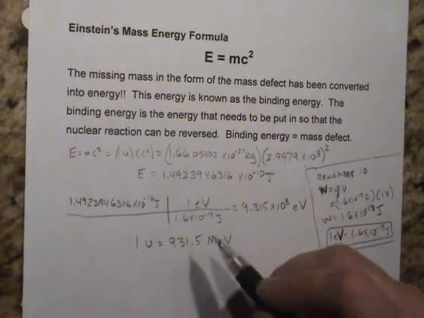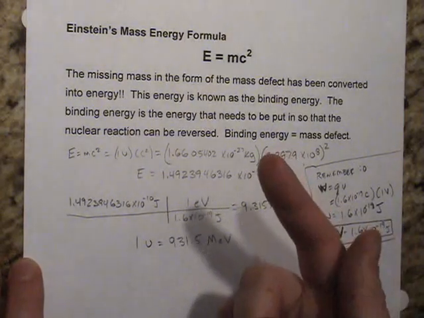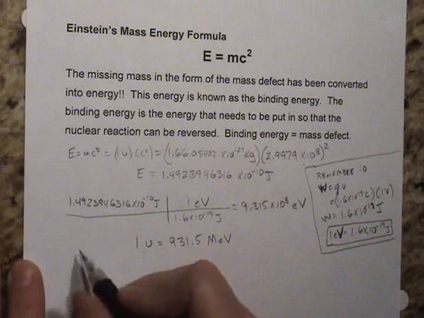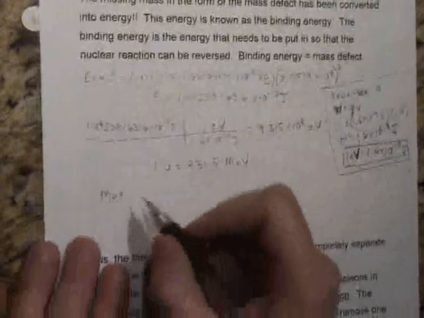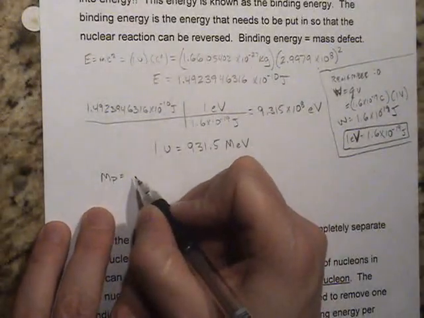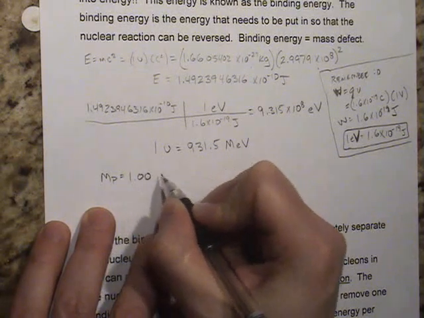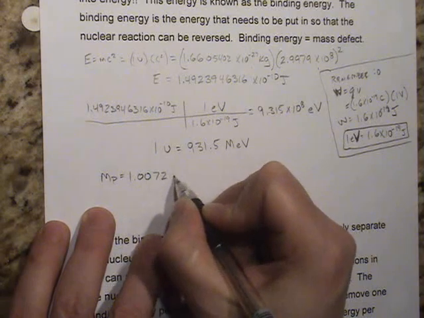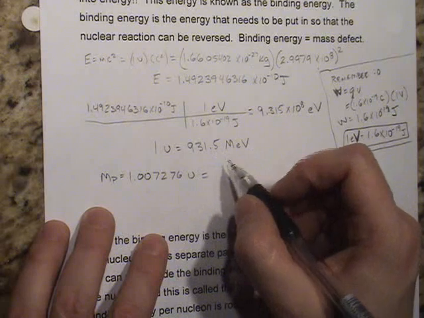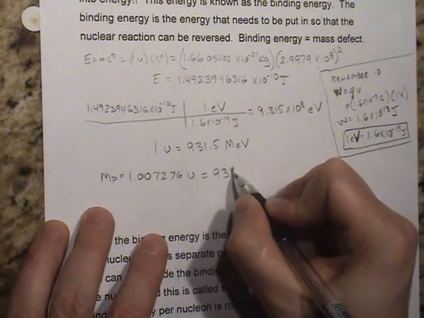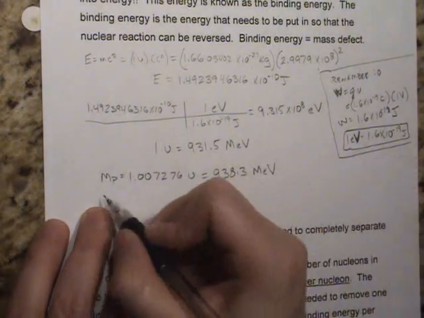With that in mind, we can now establish how much energy is in a proton, a neutron, and also in the electron. So let's write down their masses. The mass of the proton is approximately 1.007276 U, which is approximately 938.3 MeV.